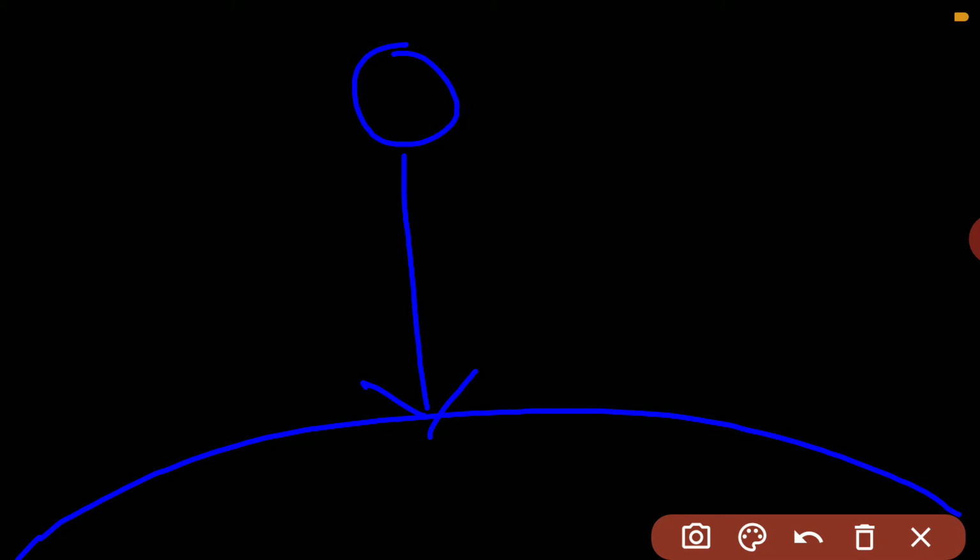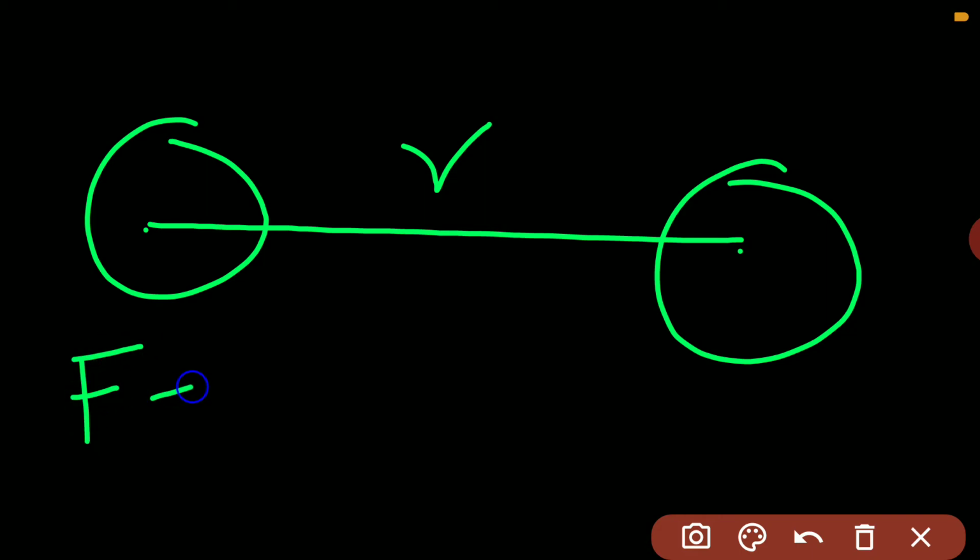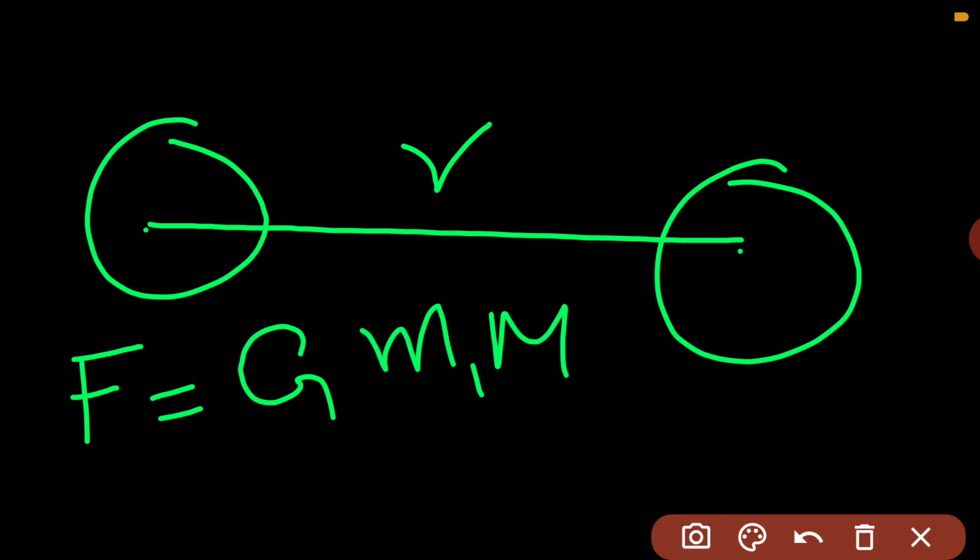Now what we have understood from the previous videos is, when I consider any two objects, and suppose they are separated by a distance r. Remember, this distance is taken from their centers. Then we took force of gravity as capital G, mass of the first body, mass of the second body upon distance square.